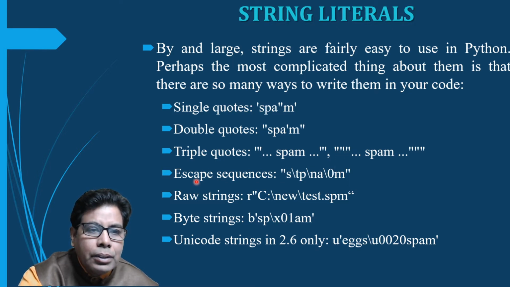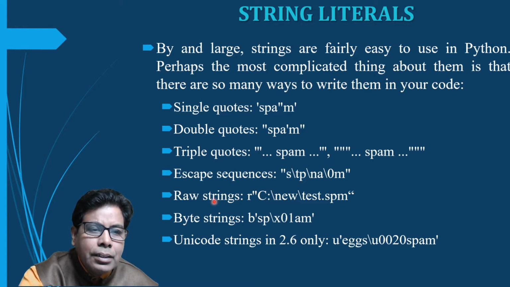Then even an escape sequence can be used in a string. An escape sequence has a backslash character, and whatever we put after it will have an effect. Backslash n gives a new line and backslash t gives a tab, like that.